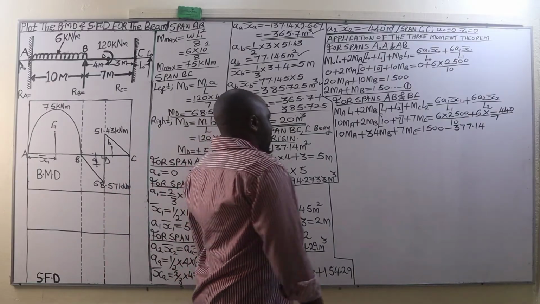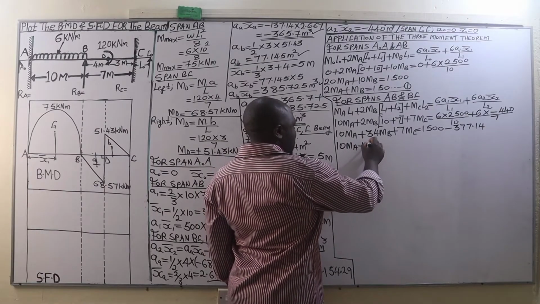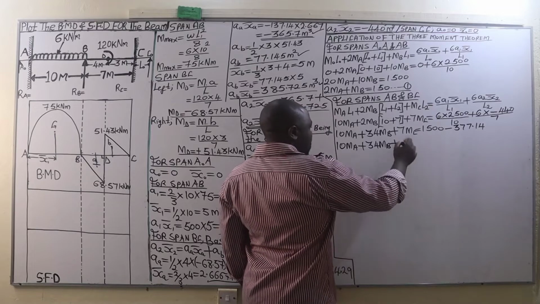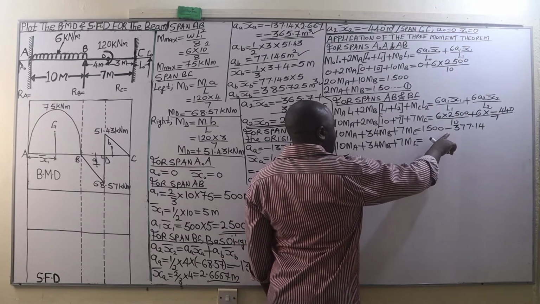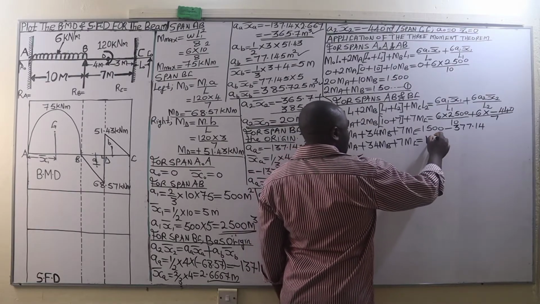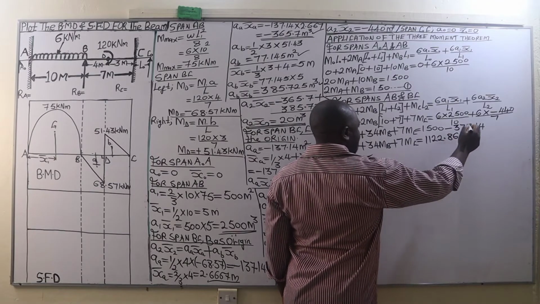This is going to give us 10 MA plus 34 MB plus 7 MC being equal to 1500 minus 377.14, that is 1122.86.